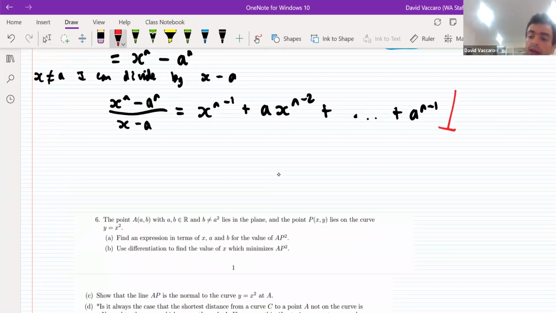Okay, can anyone tell me why I have included this question on a sheet about differentiation? Because it's interesting.